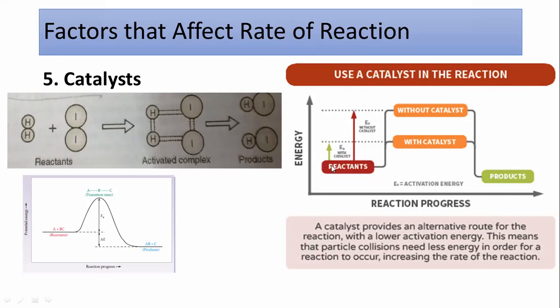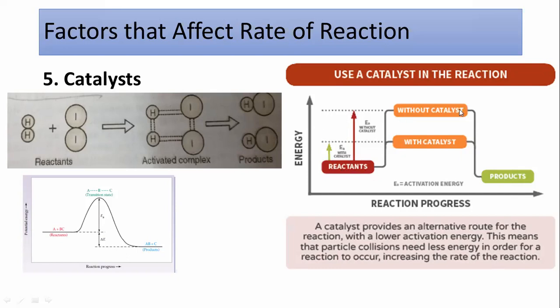Now let's suppose it is 5 kilojoules. With less energy required, the reaction will be faster. So this is the effect of the catalyst on the rate of the reaction. With catalyst, activation energy is reduced, and with the reduction in activation energy, your reaction becomes faster.